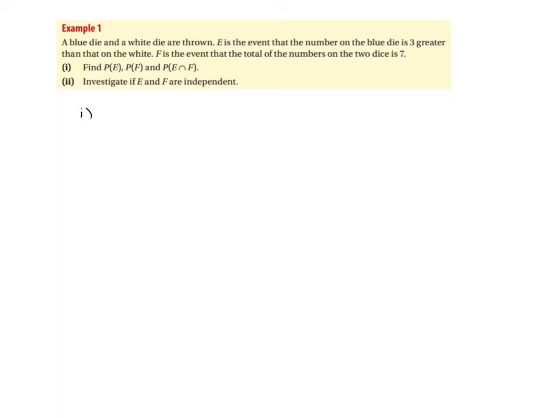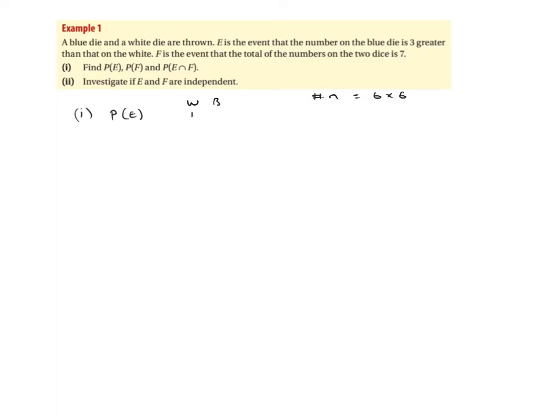So the probability of E states that the number on the blue die is 3 greater than that on the white. Now the easiest way to do this is to just list them, I suppose. So if we look at the white and the blue die, we know that #n in this particular case is going to be equal to 6 times 6, because there's 6 outcomes on the blue die and 6 outcomes on the white die, and it says that the number on the blue die is 3 greater than that on the white.